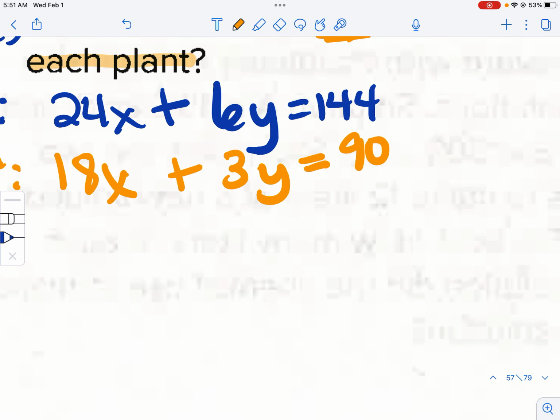So if I look at these, are any of the coefficients opposite each other? 18 and 24 are not opposites of each other. And 24 isn't divisible by 18 evenly. So let's look at the y's. 6 and 3 are not the same, nor are they opposites of each other, but 3 does go into 6 evenly.